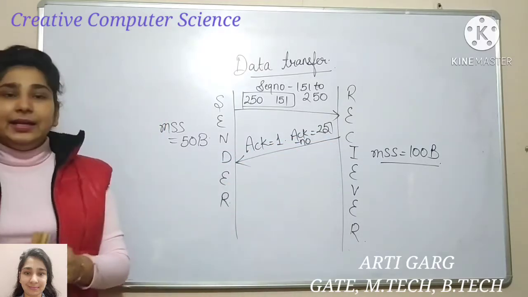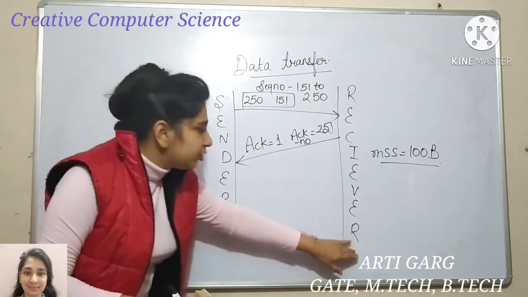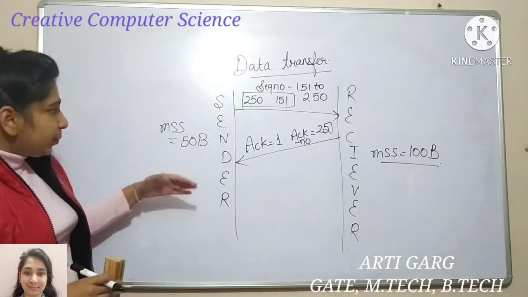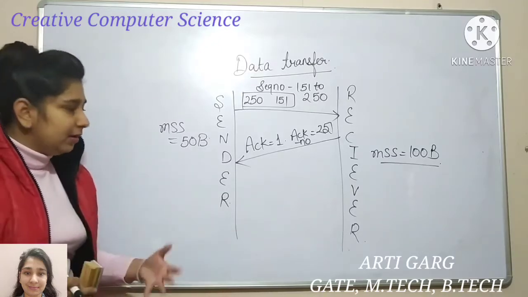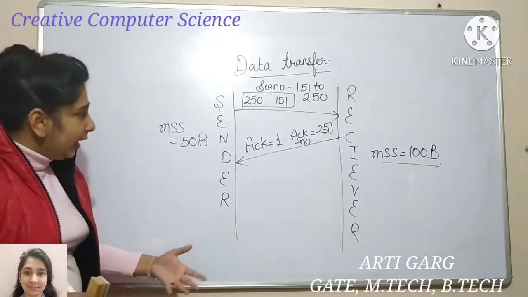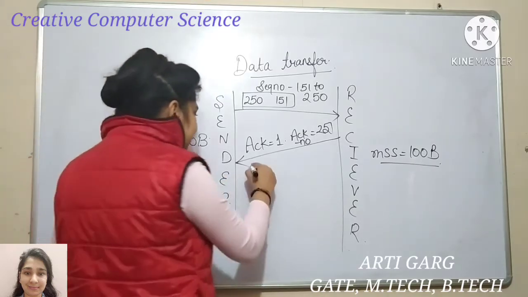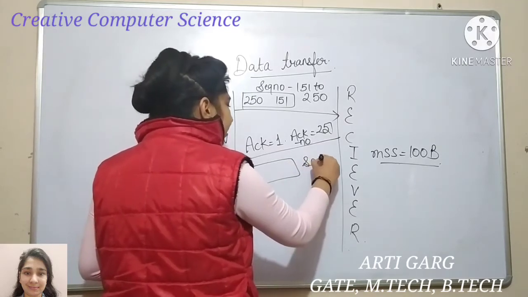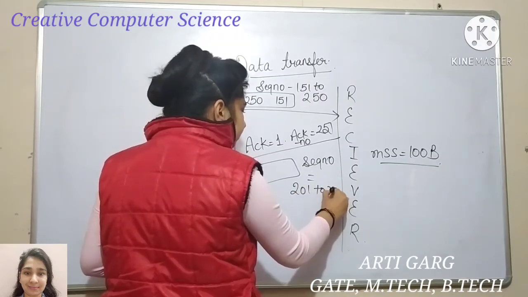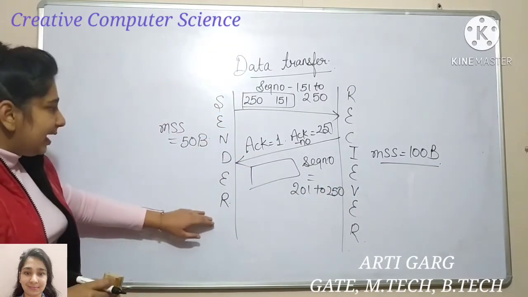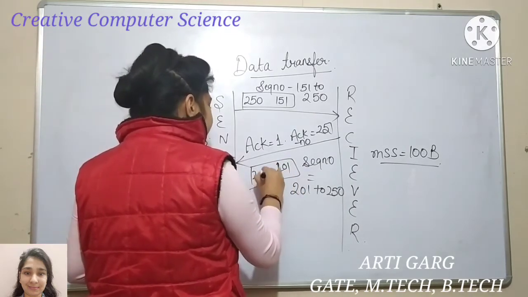Okay, and it is also going to send data. The sender sends a message to the receiver. Let's suppose the sender sends hi to the receiver. The receiver also replies by saying hello, so it is also sending some data back to the sender. It is sending a segment ranging from 201 to 250.